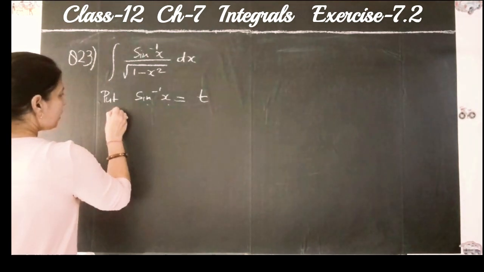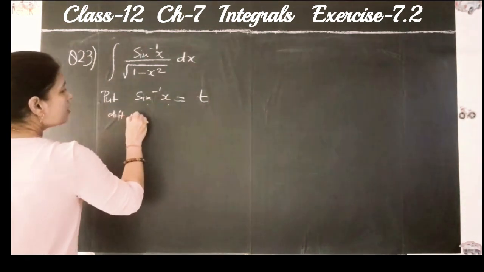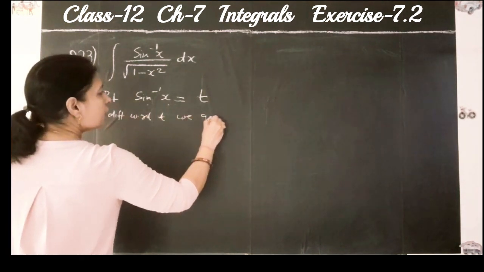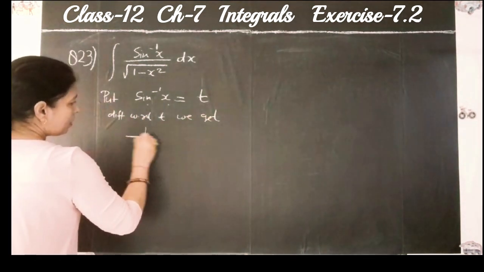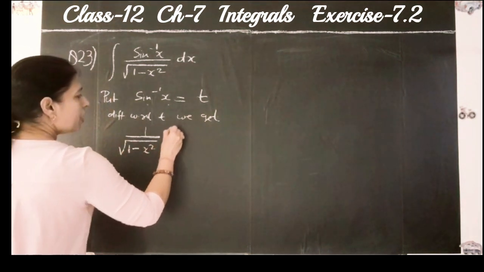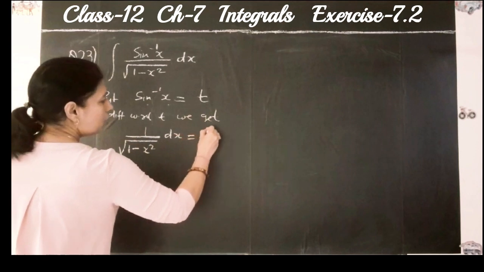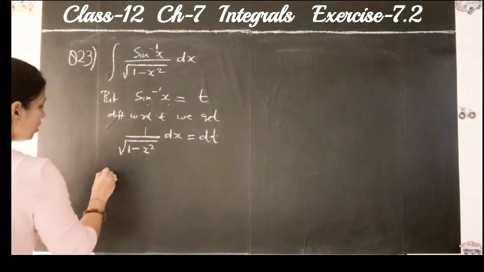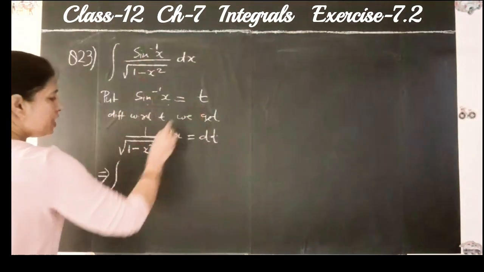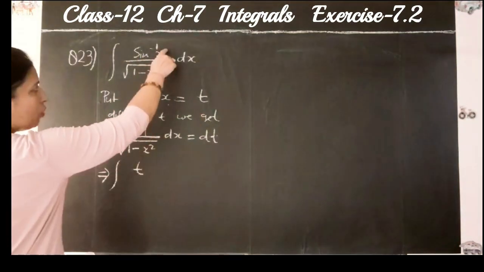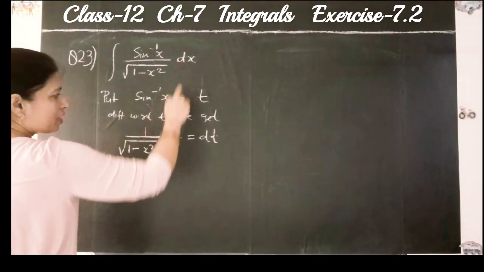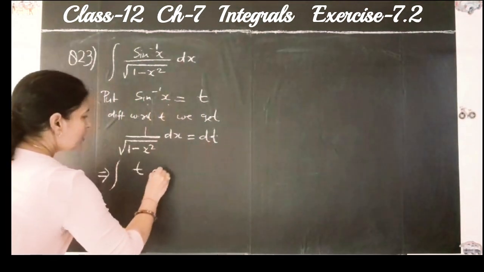We get 1 by square root 1 minus x square dx is equal to dt. So our integral becomes, sine inverse is t, so right here t, and 1 by square root 1 minus x square dx will be dt. So it will be t dt.